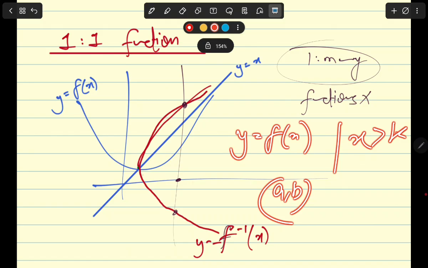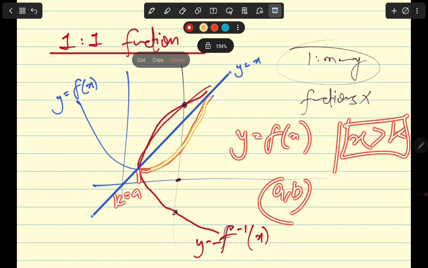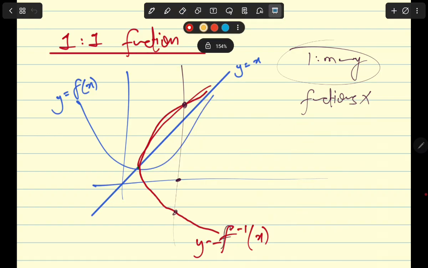Then you would say that the minimum value that k can take would be this a, right? Because this is a greater than inequality, this is going to be the value of k for which the inverse will exist. I mean, the inverse will also exist if it starts from here. However, if we are being asked to find the minimum value of k, then it is going to be at this point. Okay, now we will move on from here to our next section.